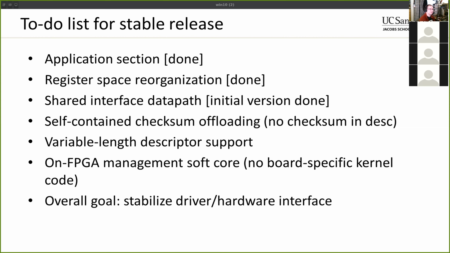I would like to get as much of this other stuff squared away as possible before I start actually cutting version releases. And then I notice we have Bob from Cisco on here. Once I get the FPGA management softcore implemented and the variable length descriptor support operational, then I'd be more than happy to start looking at getting Corundum running on whatever hardware Cisco wants to send in my direction.